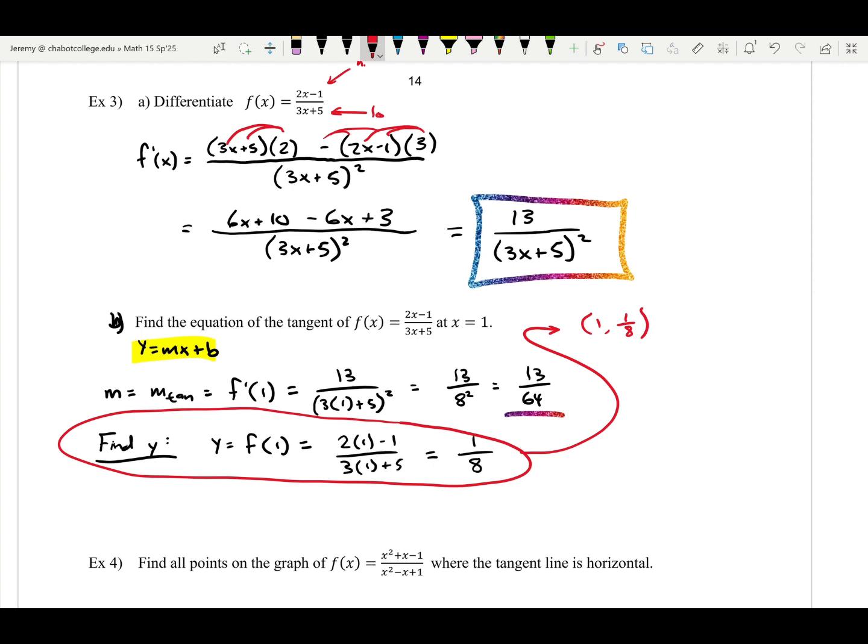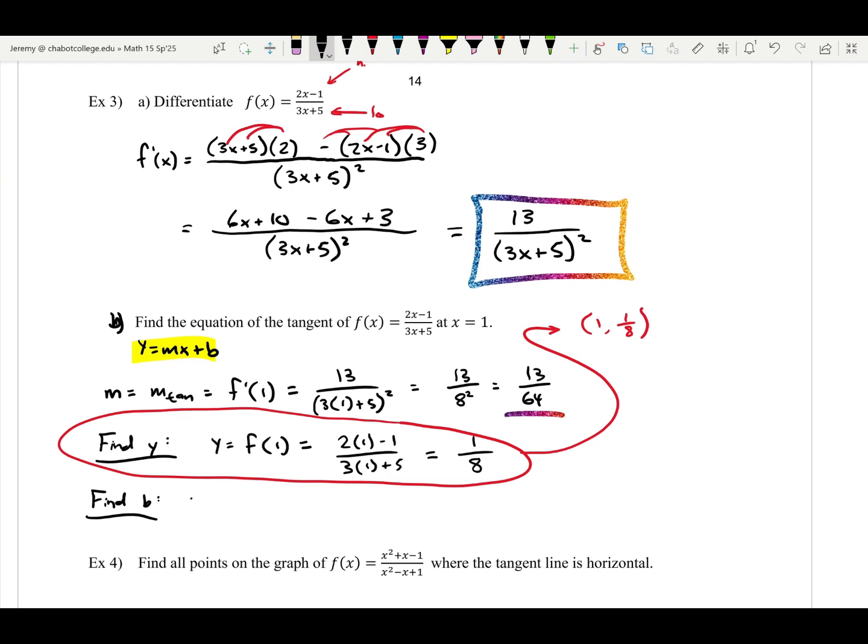Okay, so sometimes we have to do this, if we have a tangent line problem where instead of being given an ordered pair, we're just given the x coordinate. We'll need to find that y coordinate by plugging in, but remember, we plug into the original function, not the derivative. But now that we have that ordered pair, we can find b.